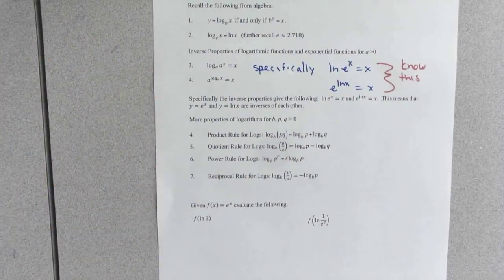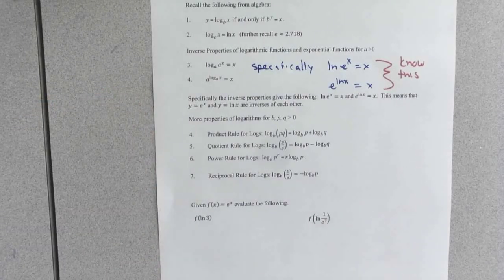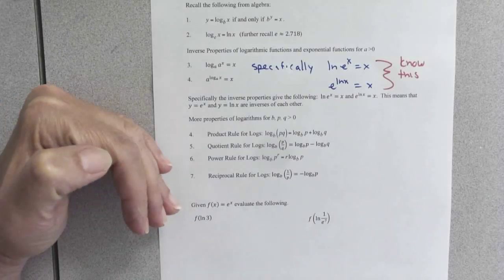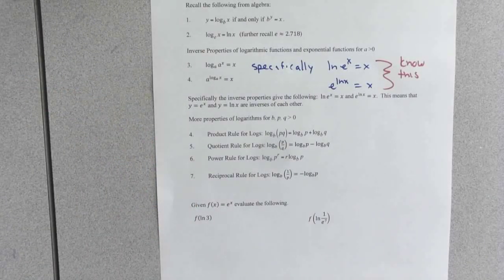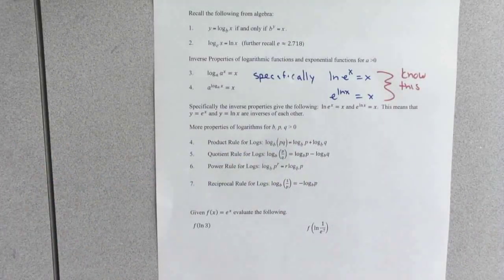Then properties of logarithms that you should have had in algebra, but assuming that people don't remember their algebra as well as they should have, we have the product rule for logs. These are algebraic properties, not calculus properties. These are the standard names for these, but they have no relationship whatsoever to the product rule or the quotient rule for differentiation.